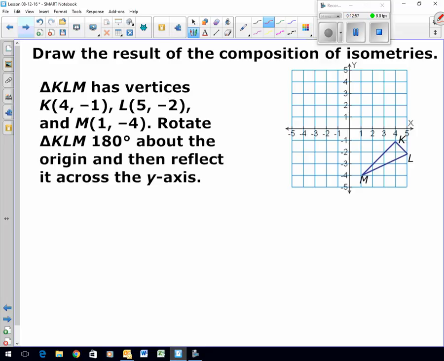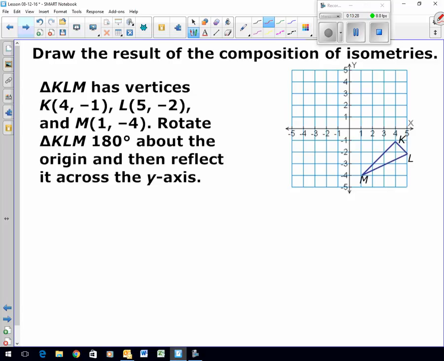I first need to rotate it 180 degrees about the origin and reflect it across the y-axis. Let's rotate first. If I rotate this 180 degrees, what's my easy thing to do when I rotate? I know that this rotation is going to end up here somewhere. We got that much down.